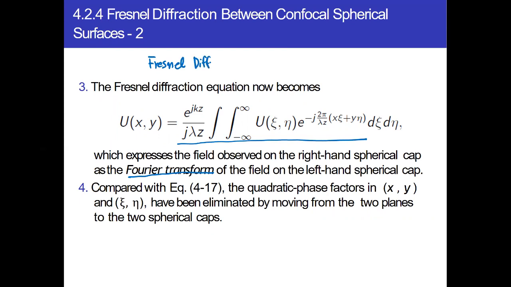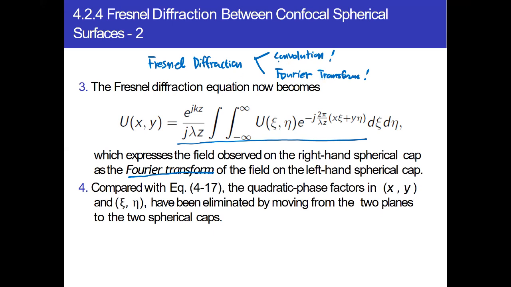diffraction could be either a convolution or a Fourier transformation. So those are the two things you need to know.